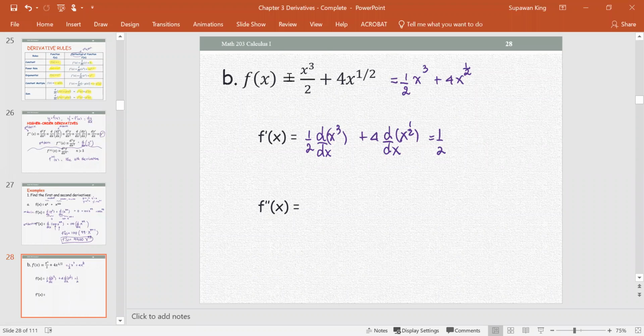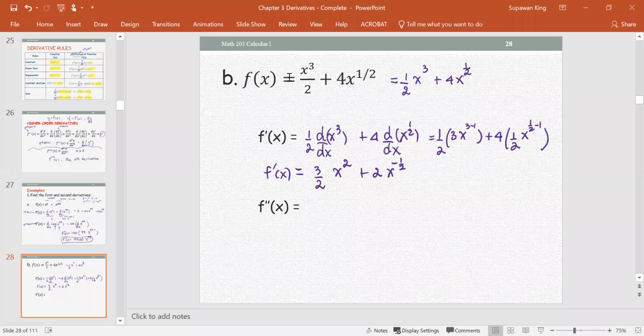So 1/2 multiplied by 3 x to the power 3 minus 1 for the first term. The second term will get 4 times 1/2 x to the 1/2 minus 1. Simplify the numbers. We will get 3 over 2 x to the power 2 plus 2 times x to the power negative 1 over 2 as the first derivative.